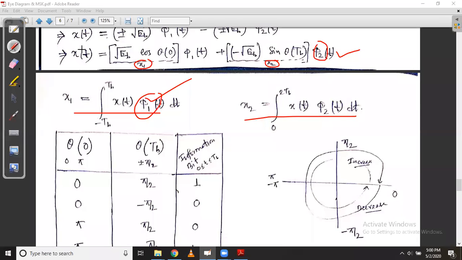Similarly, whenever this whole equation is multiplied by phi2, this term will be 0 and you will have only the second term. That is why you get x1 and x2 by multiplying the main equation by phi1 and phi2 respectively.